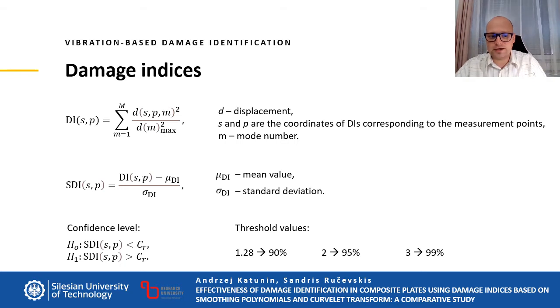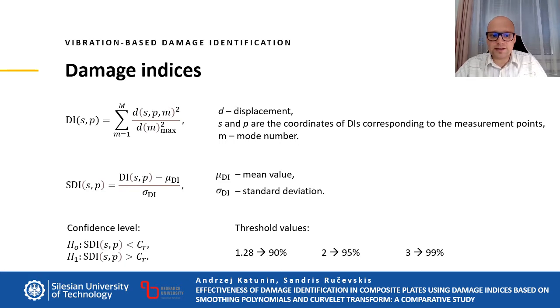So the damage index defined by the coordinates S and P is a sum of displacements for these coordinates and the given mode squared, divided by the maximum value squared of this displacement. Further, for further consideration, we consider the standardized damage index, which considers also the mean value and standard deviation.